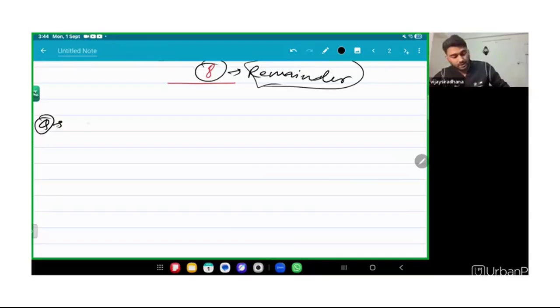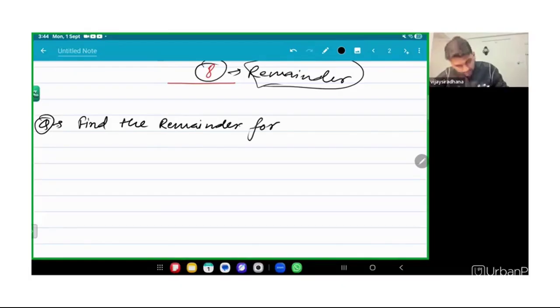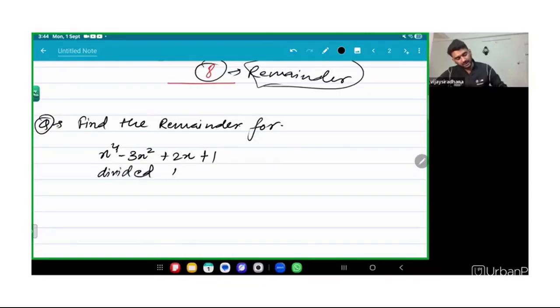Question is, we need to find the remainder for x to the power of 4 minus 3x square plus 2x plus 1, divided by x minus 2.